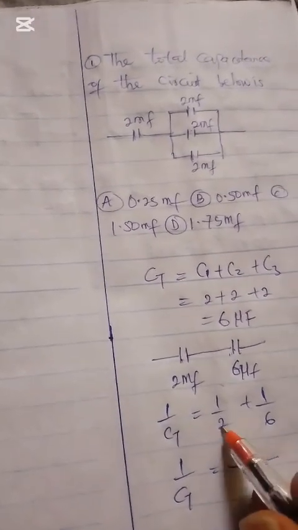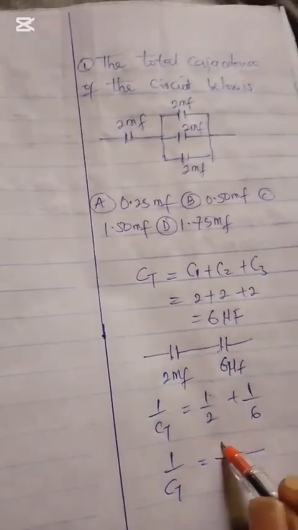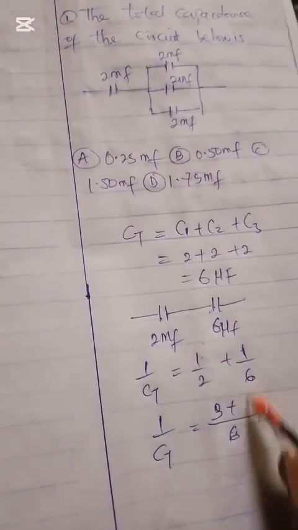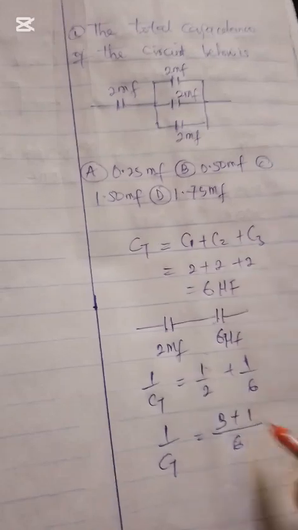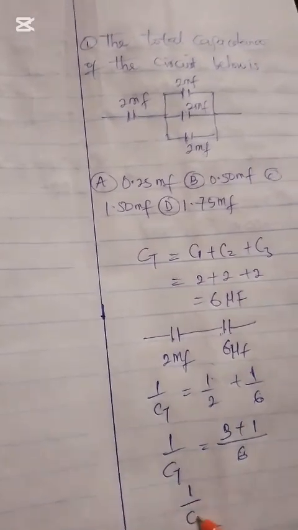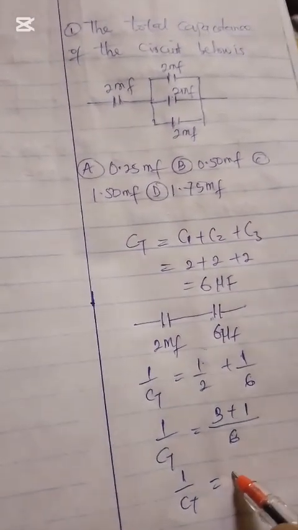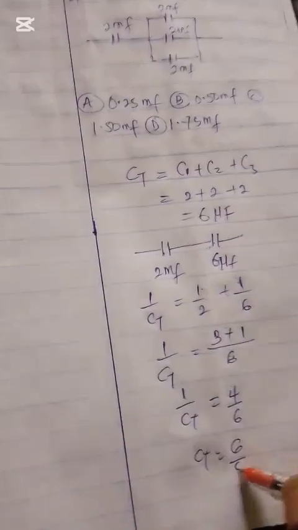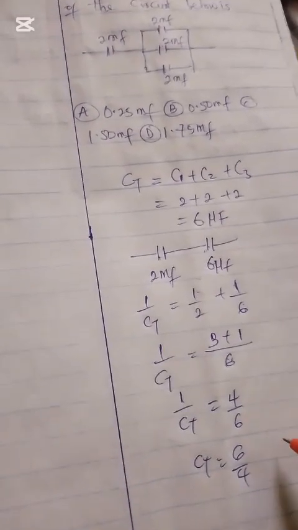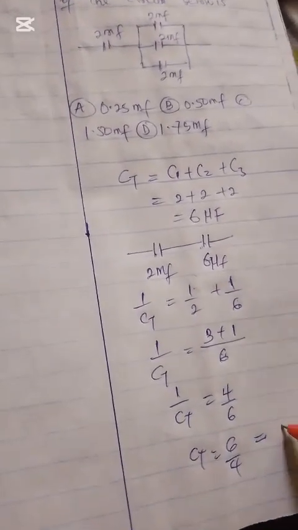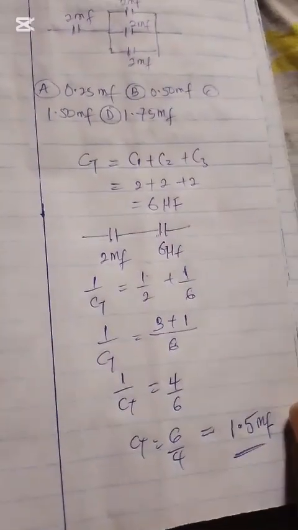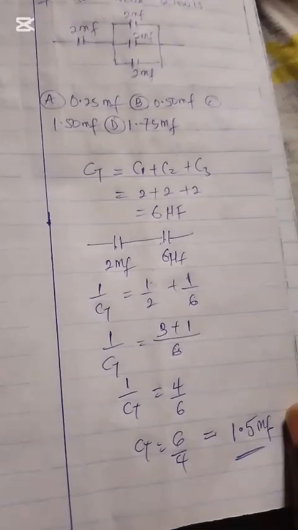LCM is 6. 2 go in 6 will give us 3, 3 times 1 is 3. Plus 6 go in 6 is 1, 1 times 1 is 1, which will be equal to 1 over Ct is equal to 4 over 6. So that Ct will give us 6 over 4. That is, if you take the inverse, which will be equal to 1.5 microfarad. That is the answer to the question. I believe that is clear.